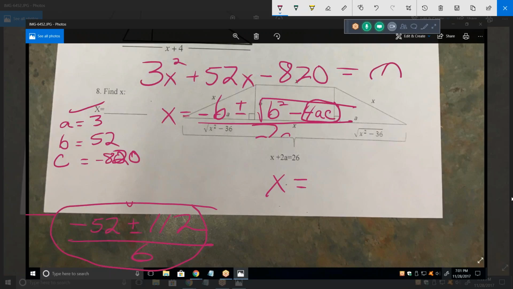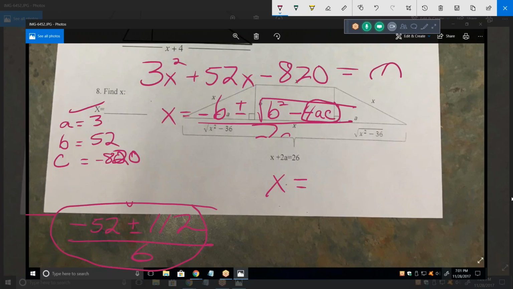Wait, negative 52 plus 112. What's your calculator say? Hold on. Minus 52 plus 112. That doesn't give you 60, you're doing your minus 52 wrong. What kind of calculator do you have? I got 60. I have a TI-83.